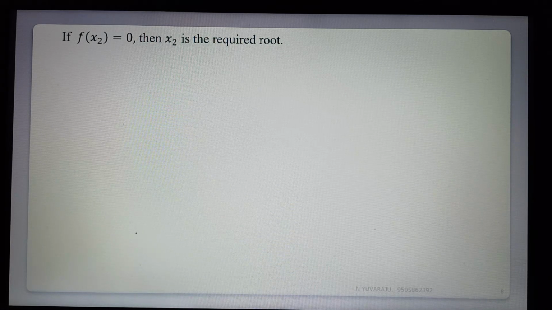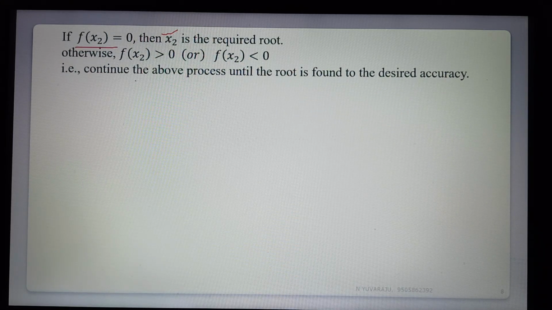Similarly, for verification of x2, substitute x2 in the given equation. In case f of x2 is equal to 0, then x2 is the required root. Otherwise f of x2 may be greater than 0 or less than 0. The process continues until the root is found to the desired accuracy, and the function value is nearly equal to 0 at that root.